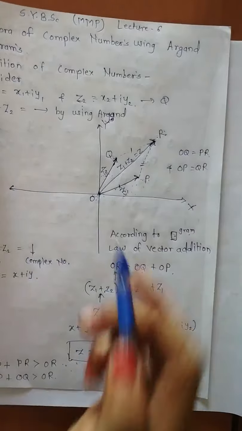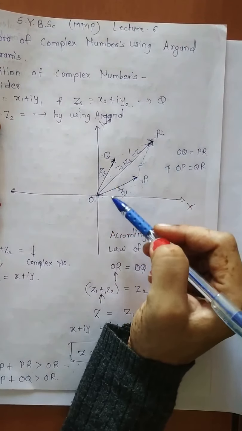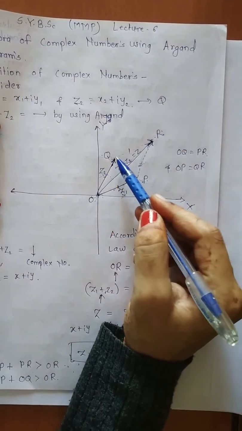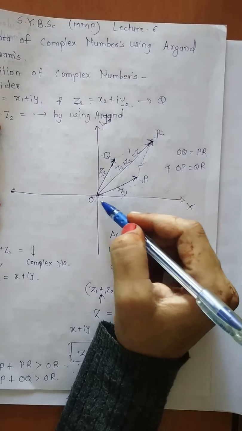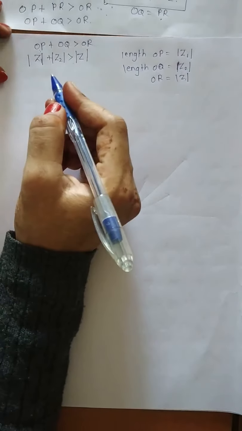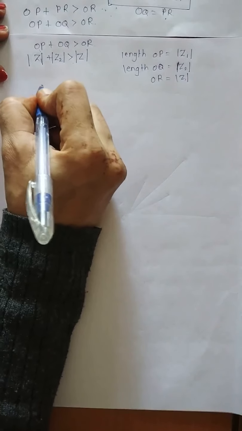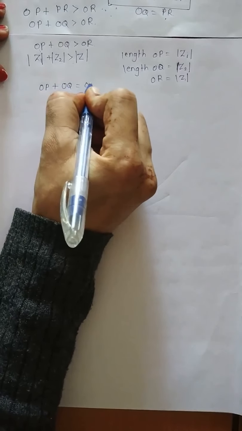Now if I say that the points P and Q are on the same line, meaning here we have P and here we have Q, but if P and Q both points are on the same line, which is a straight line, then I can write OP plus OQ will be equal to OR.